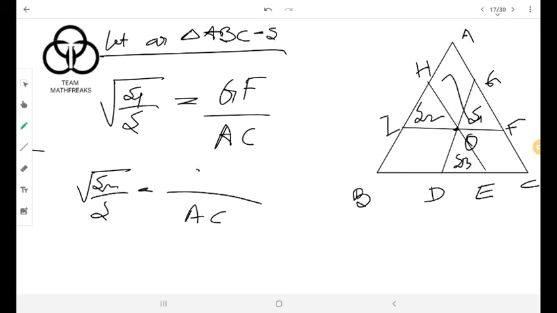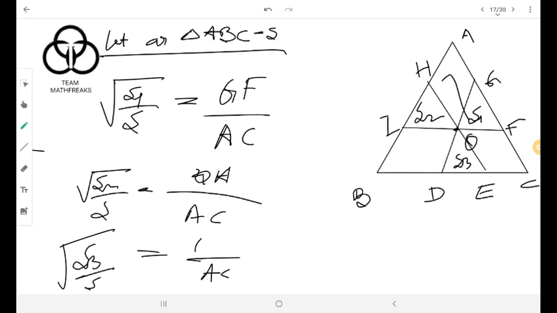This is QH, yeah, QH. And we have GF, QH, and root of S3 over S can be written as QE over AC. Now, if we just add them, what will we get?